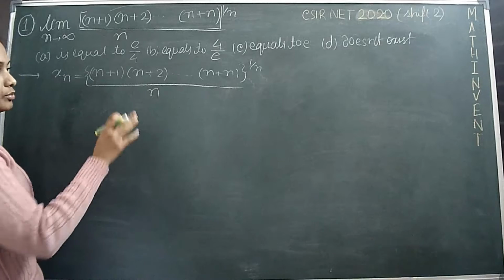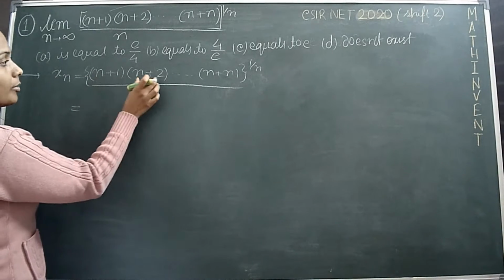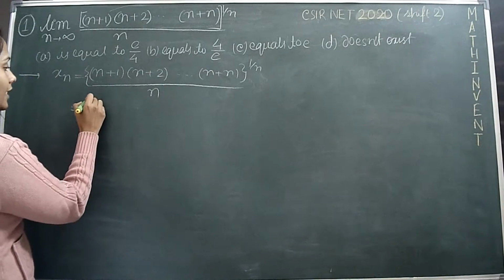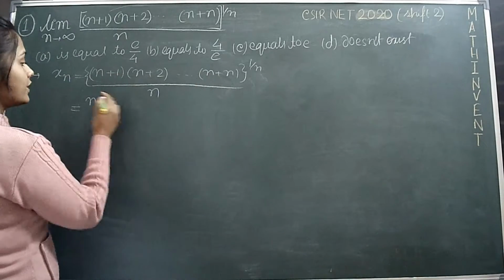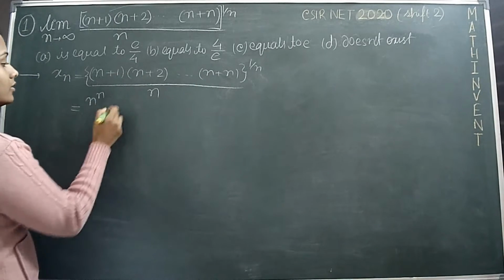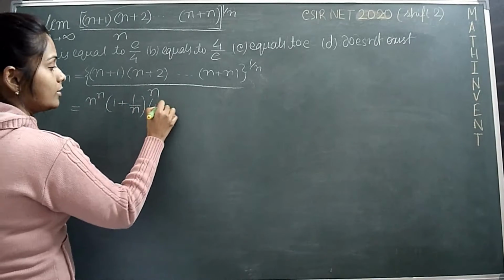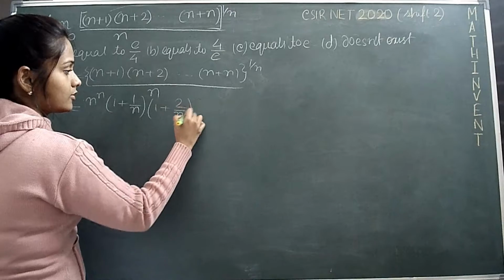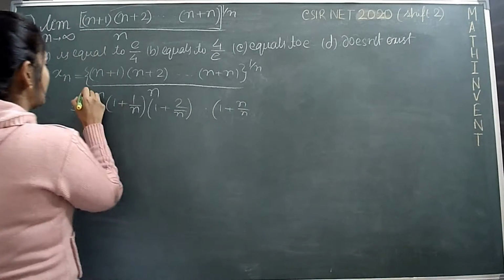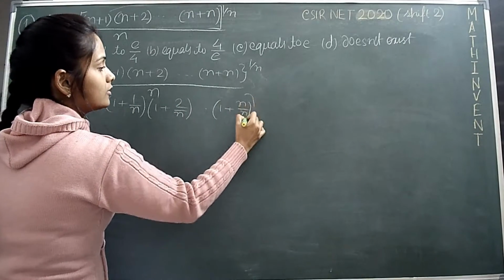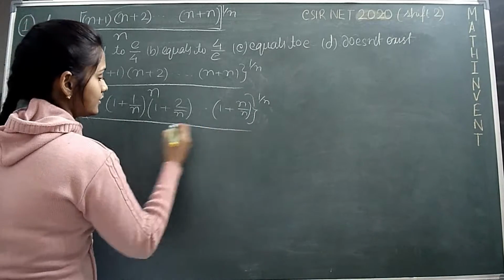First we need to manipulate this term a little. If we take n common out from each of these terms, there are n terms, so there will be n power n, then we will have 1 plus 1 by n, 1 plus 2 by n, up to 1 plus n by n, and this is whole power 1 by n, divided by n.